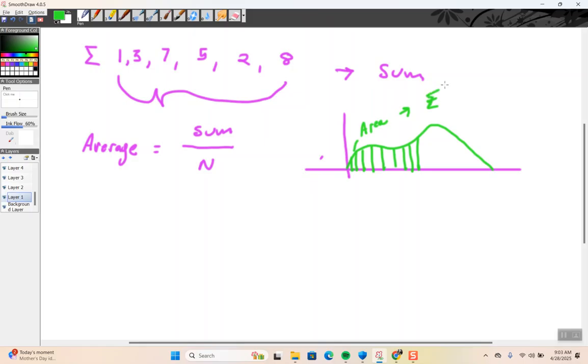The width of the slice goes to 1 over infinity, and when you take the limit of that, all of a sudden we have integration. Sometimes it's just helpful to remember that you're just summing little slices, and the slices get smaller and smaller.